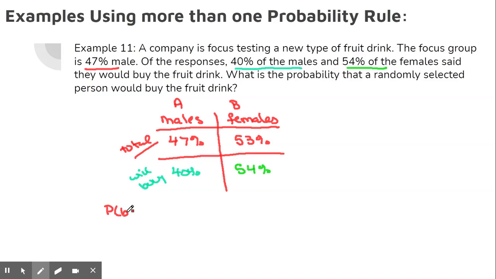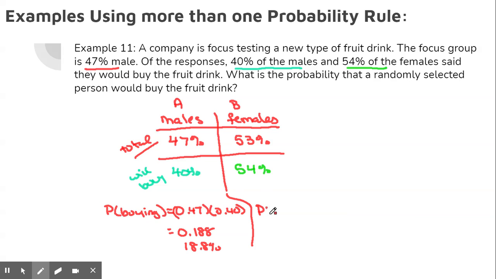So the probability of buying is going to be 0.47 times 0.40. That'll be for the males. So that comes out to be 0.188 or 18.8%.